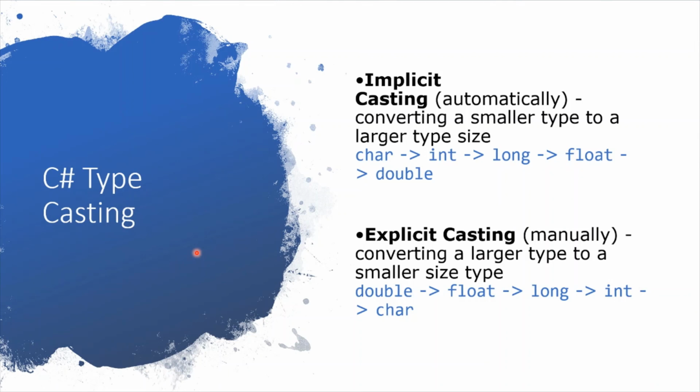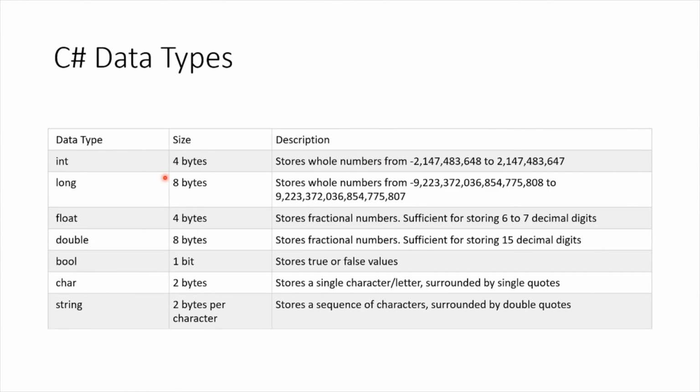Then casting, very important. You have to choose your data types wisely, because of the memory, but also because of the casting of the different objects. So long cannot be cast to int, but int can be cast to long. Same way, a character can be cast to a string, but a string cannot be cast to a character, because the string is higher.